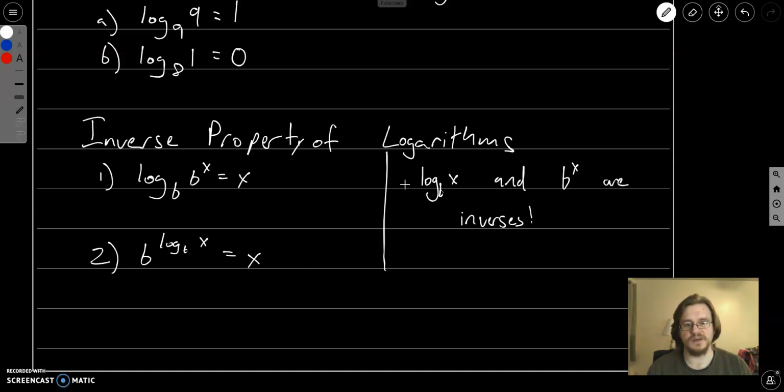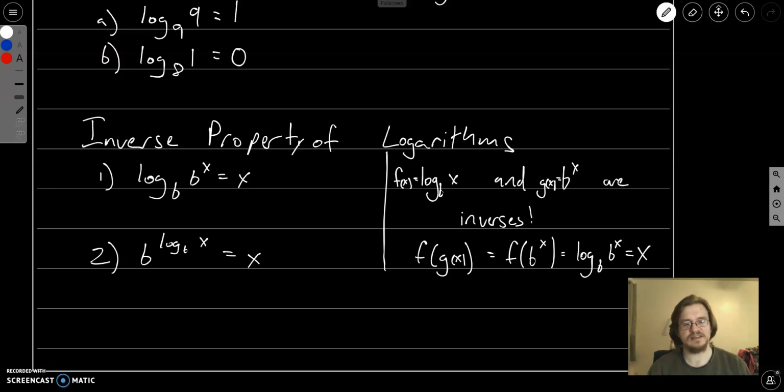So for this first one, if we said that this is f of x and this is g of x, then if I write f of g of x, well, this is just f of b to the x, which is just going to be log base b of b to the x. And since these guys are inverses, we just get x.